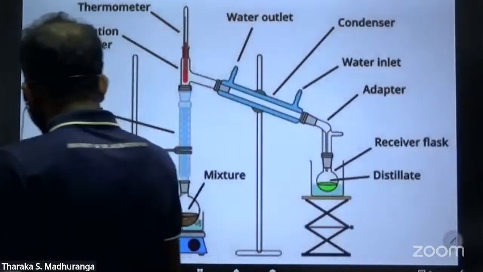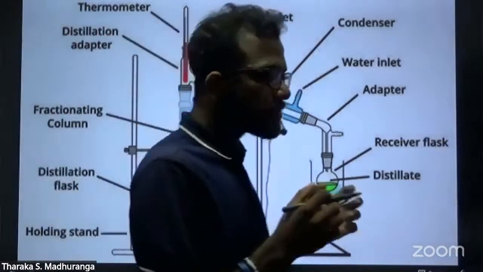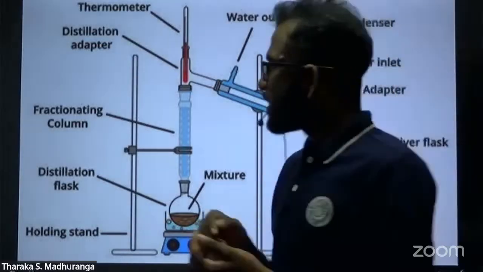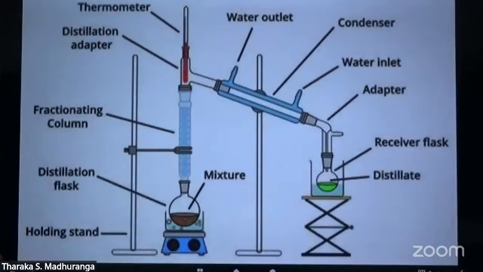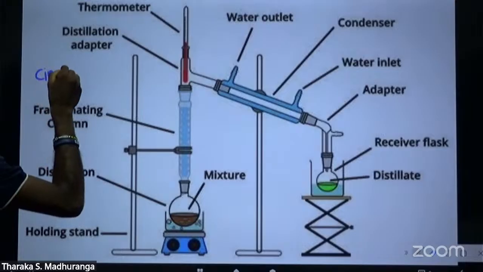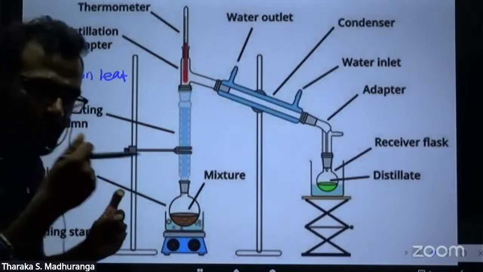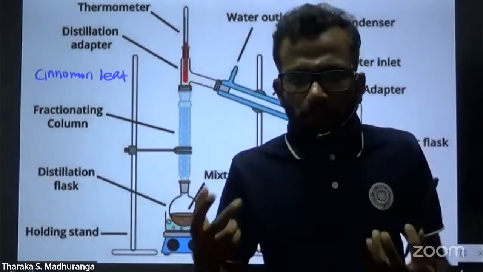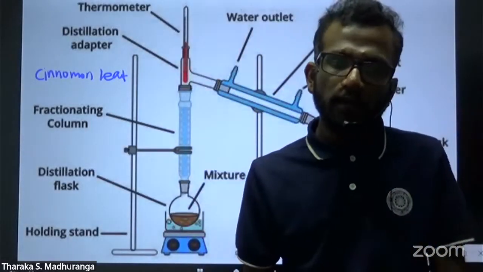In our lesson, you need to remember, think as an example, the same one plant material, for example, cinnamon leaf. Cinnamaldehyde is already available, but think one more compound, or two or three compounds, we need to separate from one plant material.